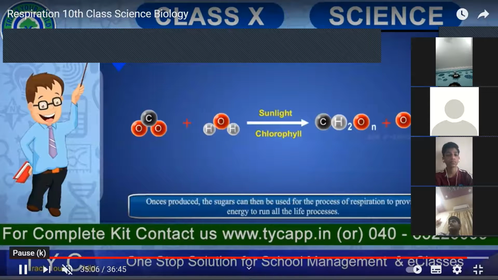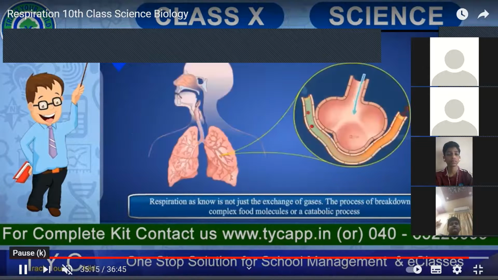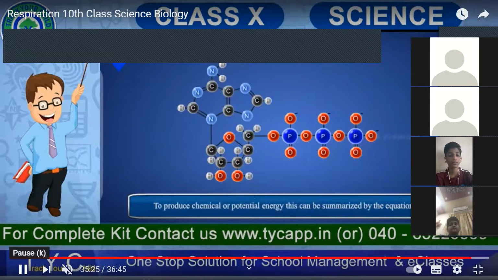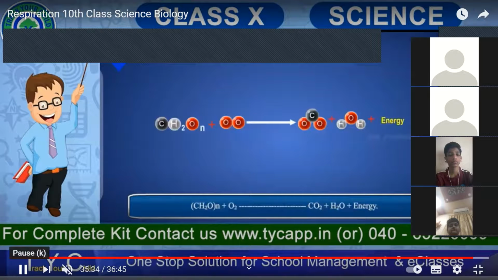So what is happening? This CH2O are the minute molecules that get converted into sugars. But what is happening in respiration? You see that exchange of gases is taking place. It is the process of breaking down complex food molecules into smaller molecules, and then this potential energy is released as heat and energy.